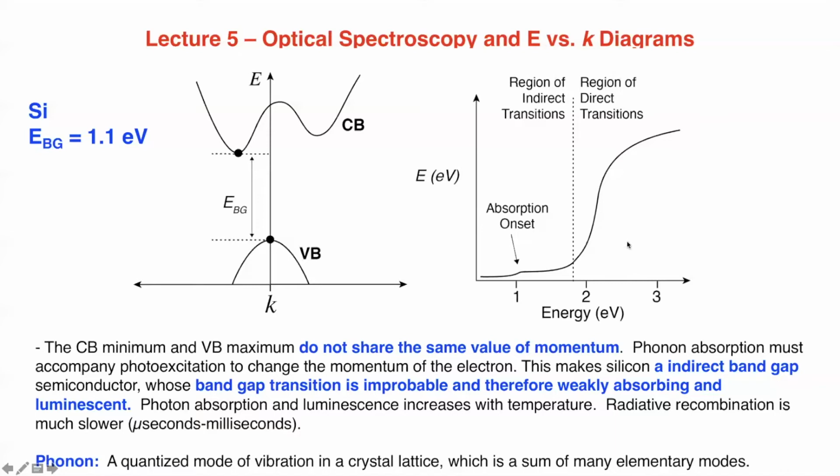Okay, so you can kind of see that in that spectrum here. Okay, so two types of semiconductors, and the conservation of momentum tells you about how probable the transitions are.